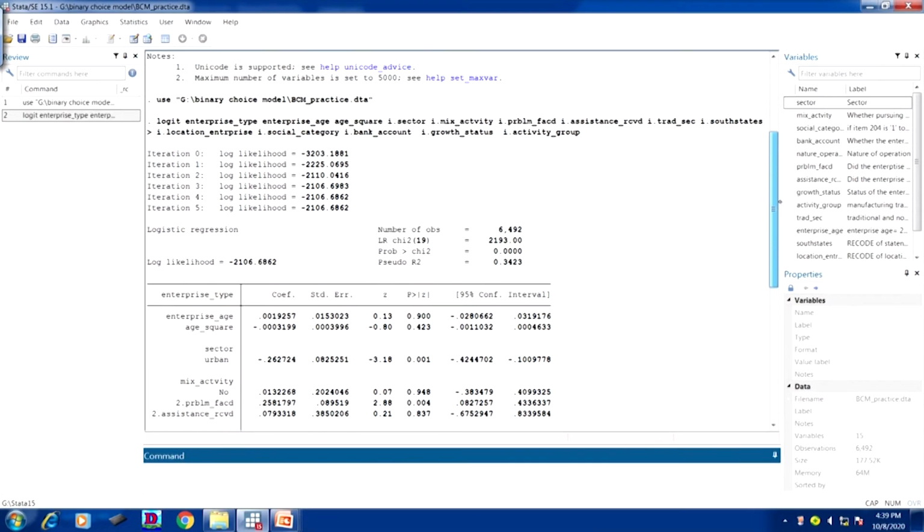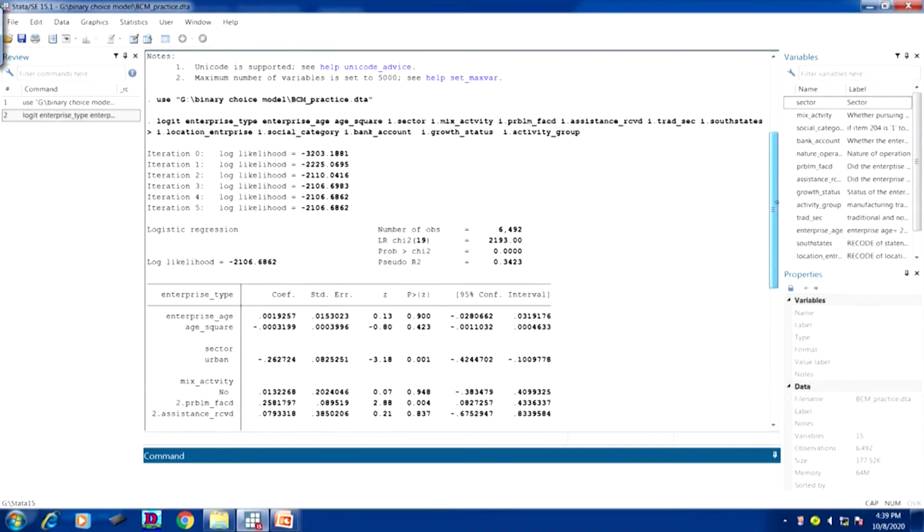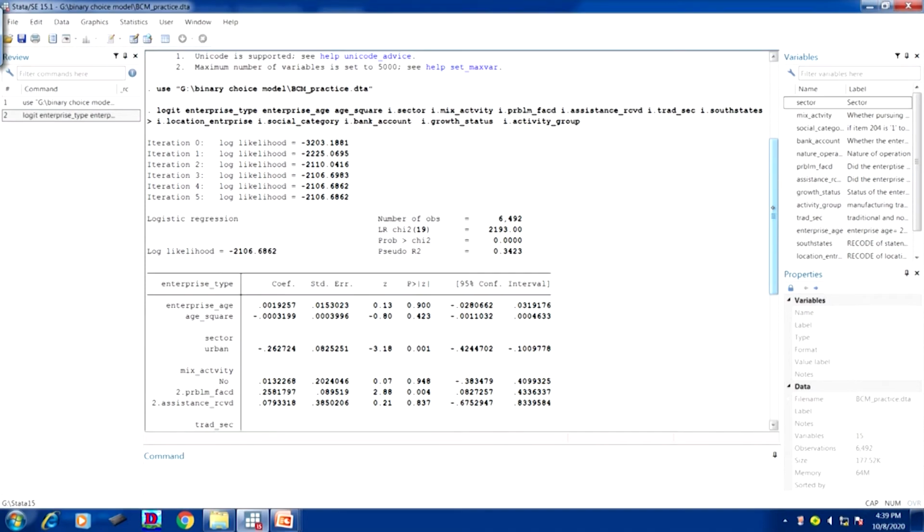Now, the Logit function has generated the coefficient values in front of us, with the pseudo R-squared, as we already mentioned. The chi-square value, whether that is significant or not, as in earlier models, is once again significant. Most importantly the likelihood function, as I mentioned, has taken 5 iterations.